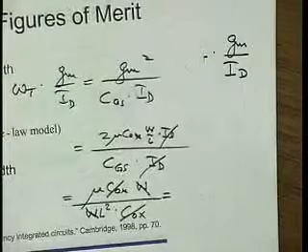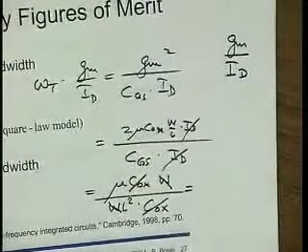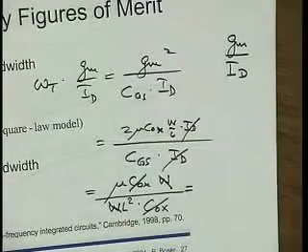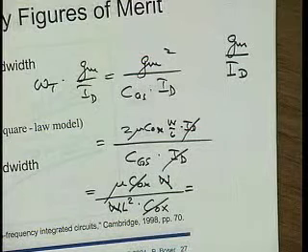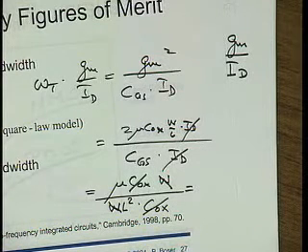So yeah, you're right. Of course, just the VDSET drops out. So it's mu over L squared. It just depends on the mobility and L, if we had square law.